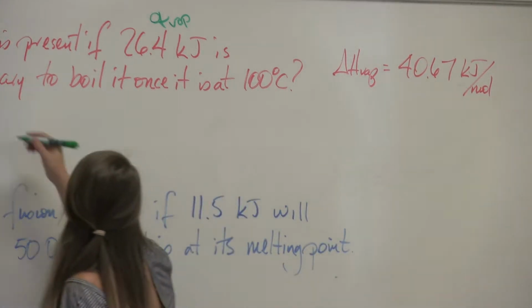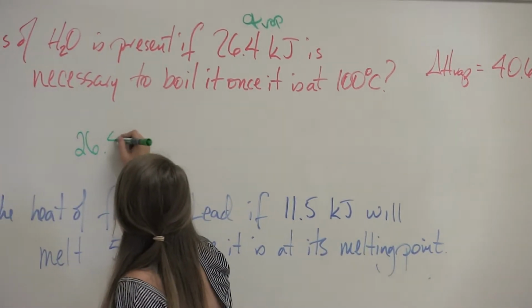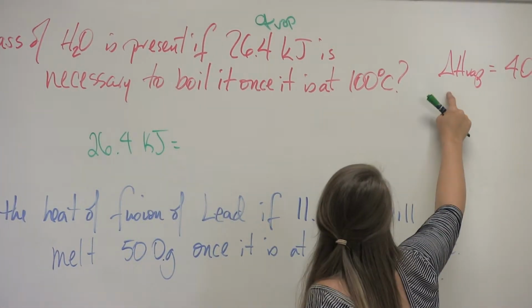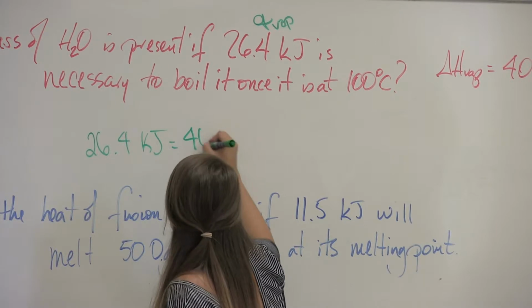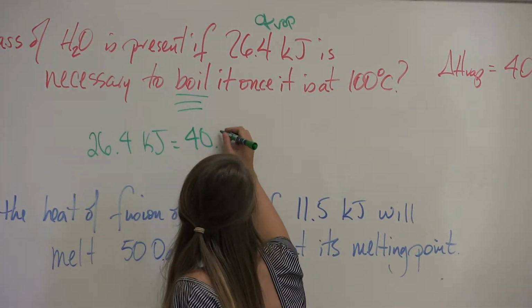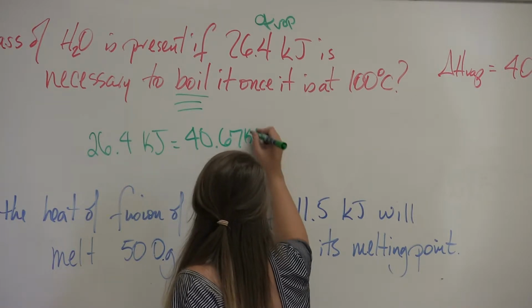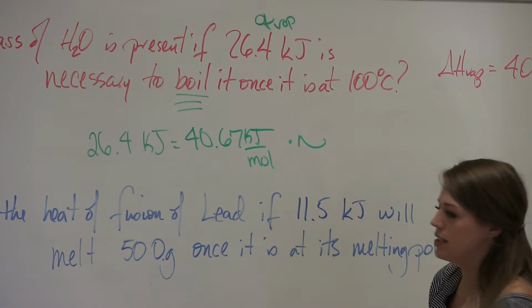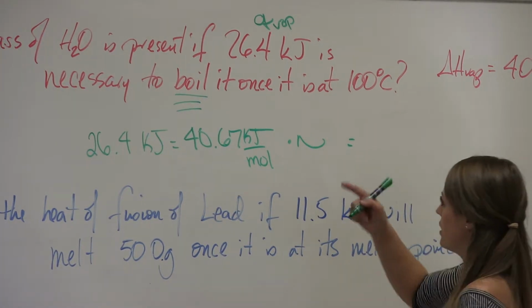So if we plug all of this in, we get 26.4 kilojoules equals my delta H of vaporization, 40.67 kilojoules per mole. I use vaporization because I'm boiling. We're going to solve for our number of moles because that's what we need to get to mass.